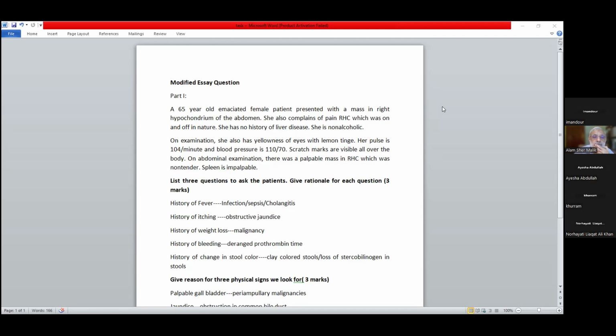Secondly, the history of itching, which points towards the obstructive nature of jaundice in these patients. Third, the history of weight loss, regarding the age of the patient and emaciated nature, which will point towards malignancy. History of bleeding, which is due to deranged prothrombin time in these cases. And last is the history of change in stool color. Clay-colored stool would probably be the answer from the patient.